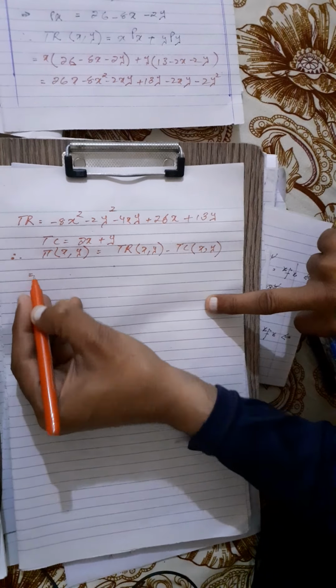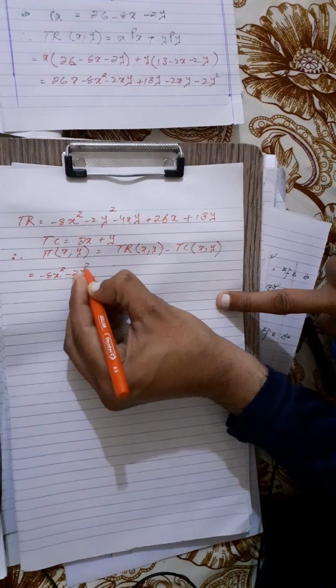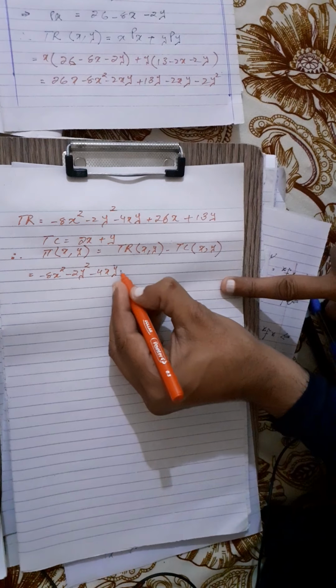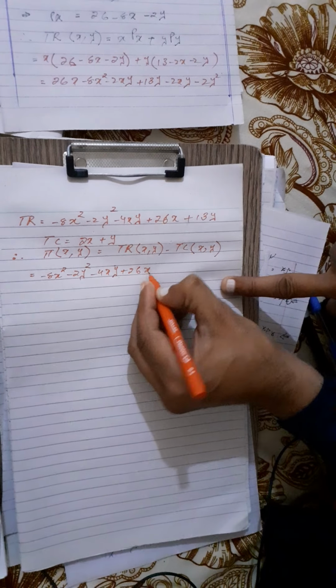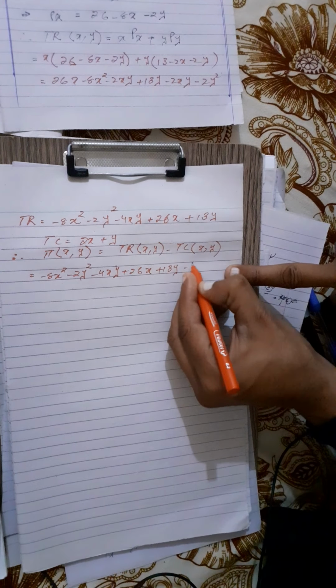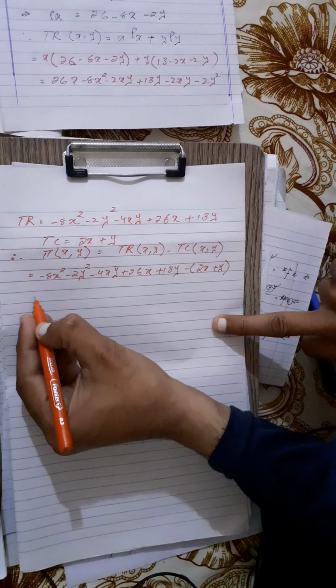Now replacing the values of total revenue and total cost functions: minus 8x square, minus 2y square, minus 4xy plus 26x plus 13y minus (2x plus y).